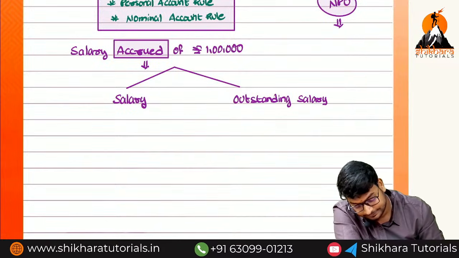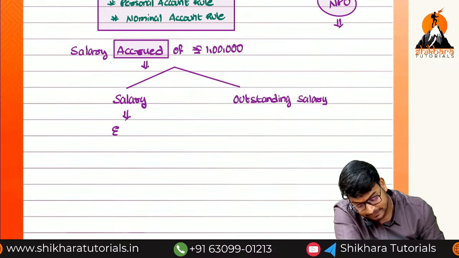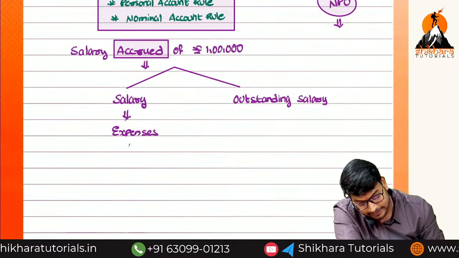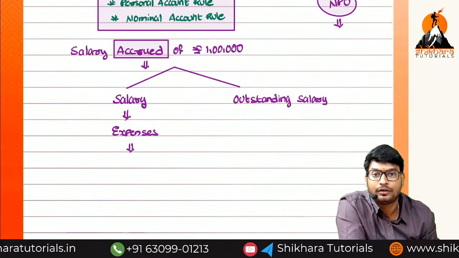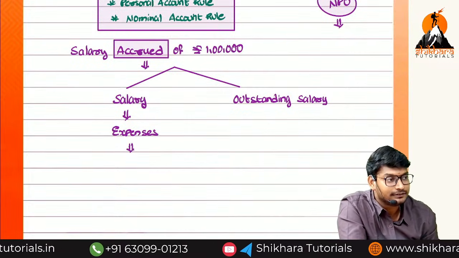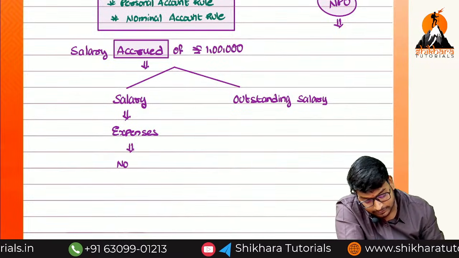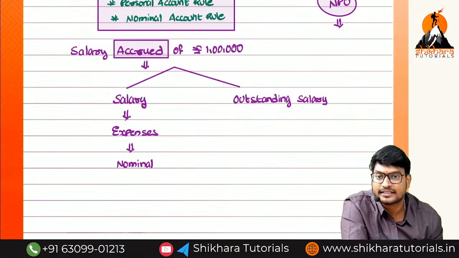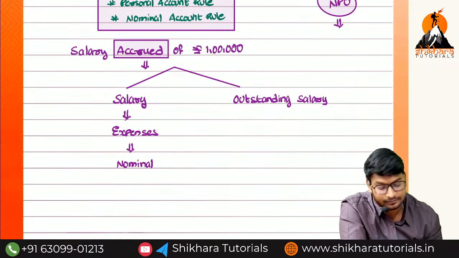Okay, salary expenses are? Expenses means which rule we have to follow? Real or nominal or personal? Nominal. By applying the nominal account rule. What is the nominal account rule? Debit all expenses and losses, credit all incomes and gains.